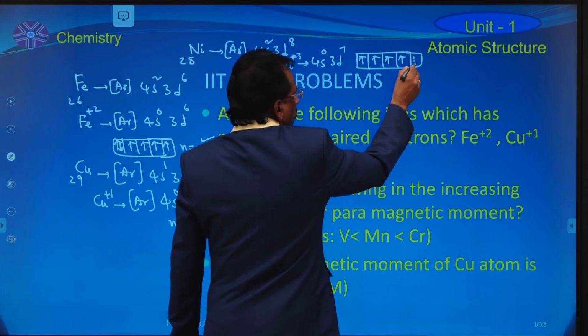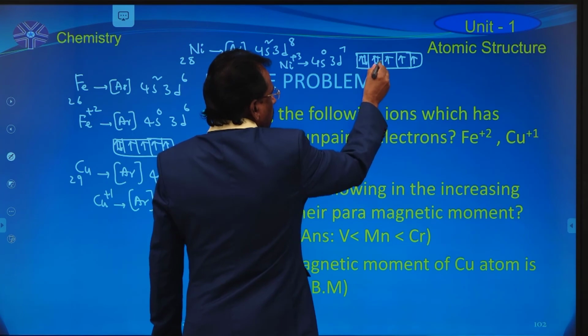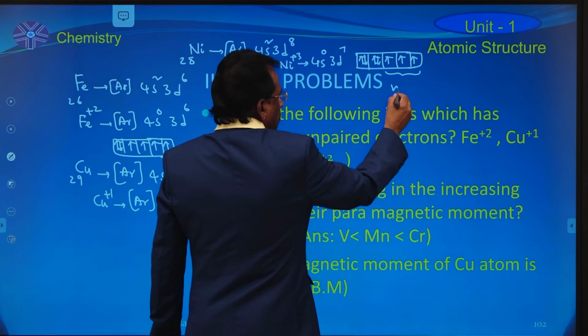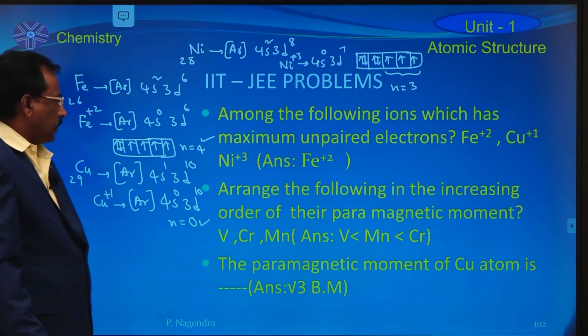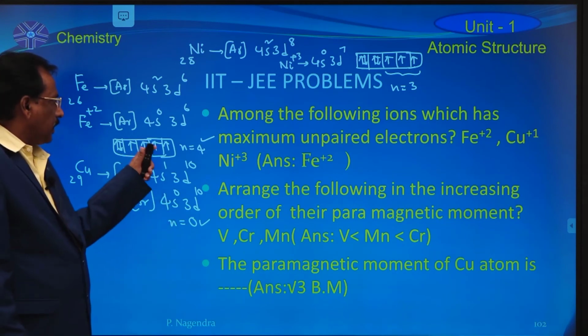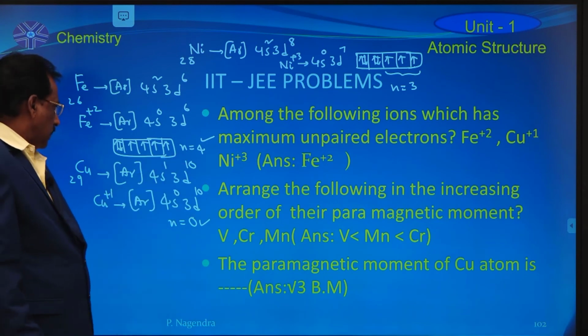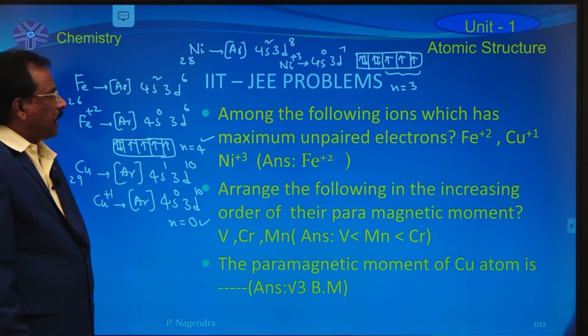So there are 3 unpaired electrons in nickel plus 3. So the larger number of unpaired electrons is present in iron plus 2, which is equal to 4. There are no unpaired electrons in copper plus 1, and nickel plus 3 contains 3 unpaired electrons.